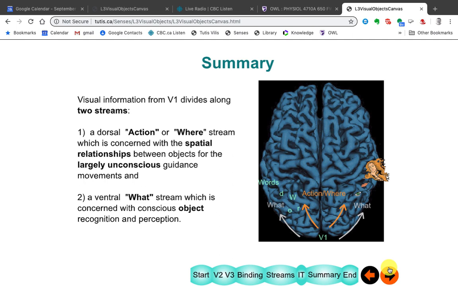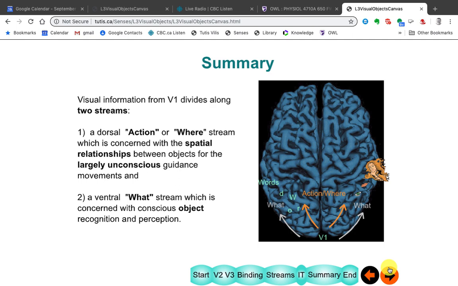So in summary then, V1 divides into two streams. An action-aware stream is concerned with the spatial relationships of objects in front of you, and it lets you act on these objects largely unconsciously.